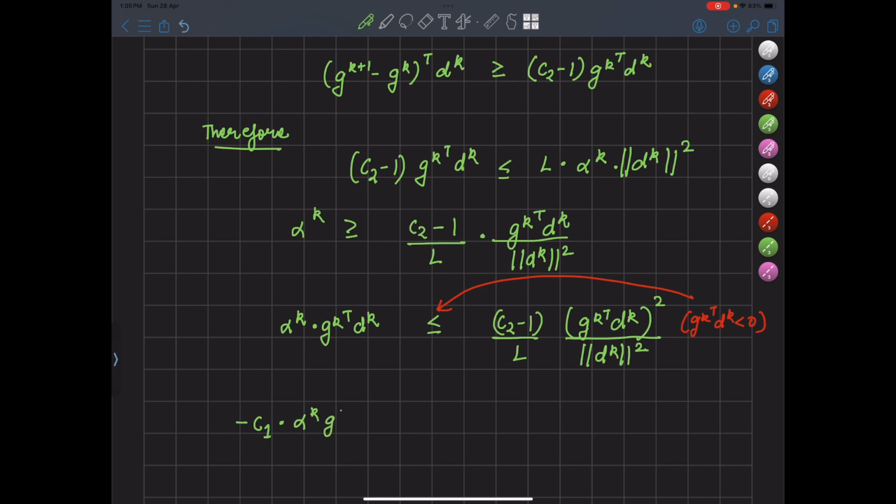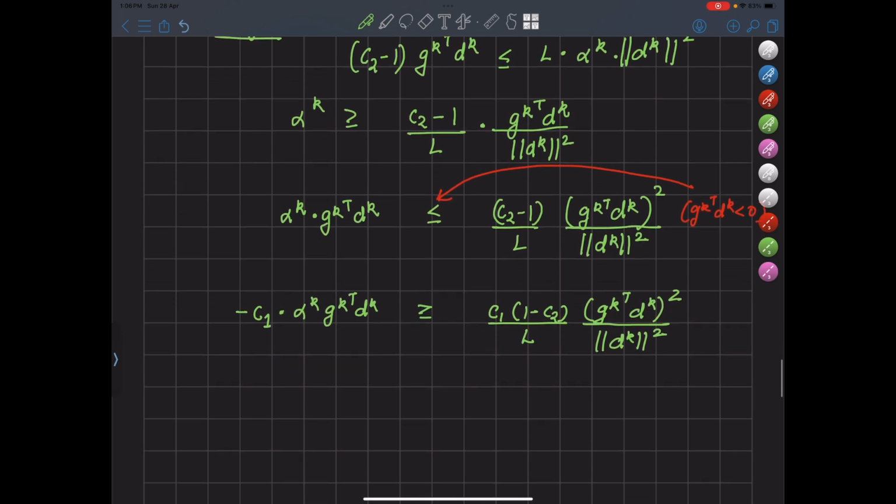Minus C1 alpha_k g_k transpose d_k is greater than or equal to, because we have multiplied by minus C1, which is a negative number since C1 is always positive, the inequality sign will change from here, which means C1 times (1 minus C2) divided by L, and what we get here is (g_k transpose d_k) whole squared by norm of d_k squared. This is the relation we get.